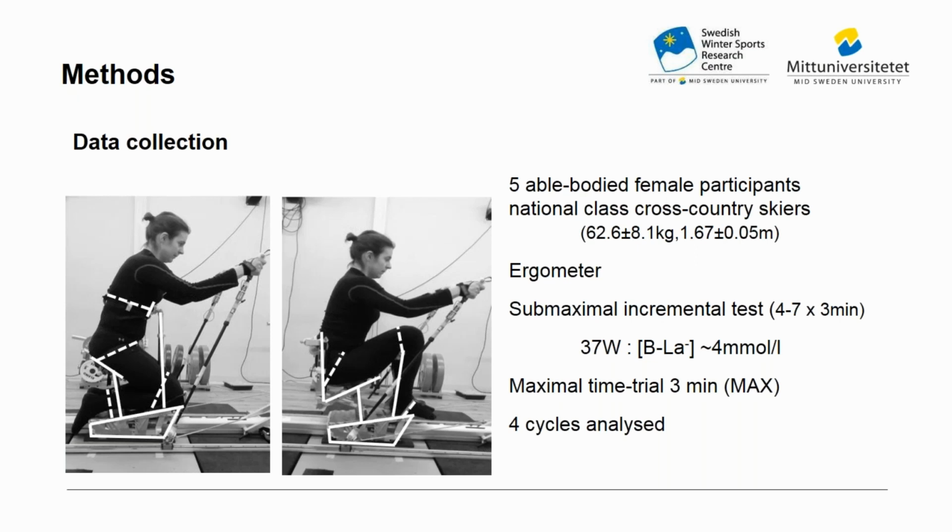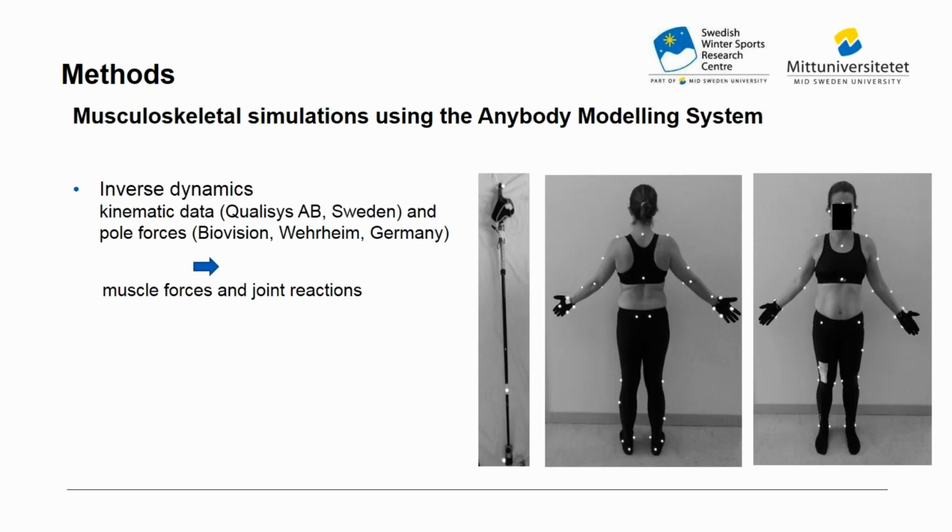And there were 4 poling cycles during the 37 watts and during the maximal trial that were analyzed biomechanically. Over to the simulations: I used musculoskeletal simulations using the AnyBody Modeling System, and as Pavel introduced in the beginning, with the input of kinematic data from a 3D motion capture system, the Qualisys system, and we measured pole forces right under the handle with linear strain gauge sets.